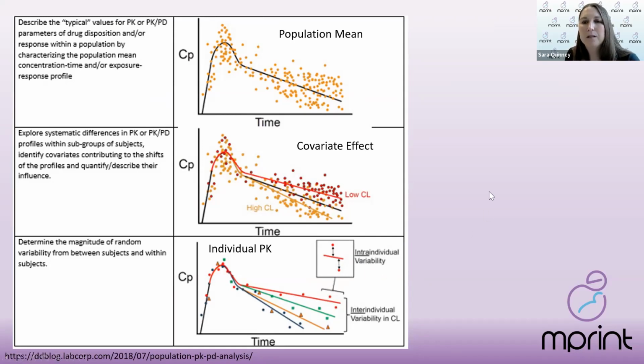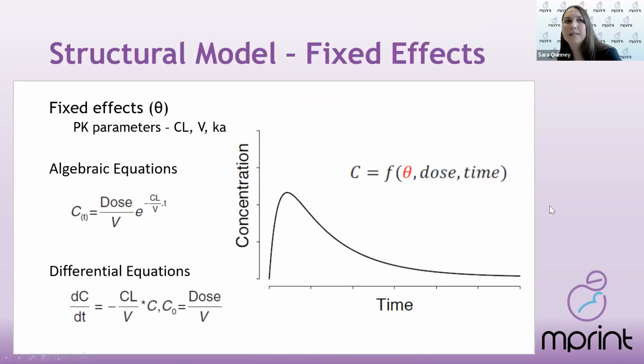I'm not going to go into detail on how you would fit a population PK model, but I do think it's important that you understand the components behind a PopPK or nonlinear mixed effect model. So we'll spend a few minutes discussing that. First, each PK model will have a structural model.